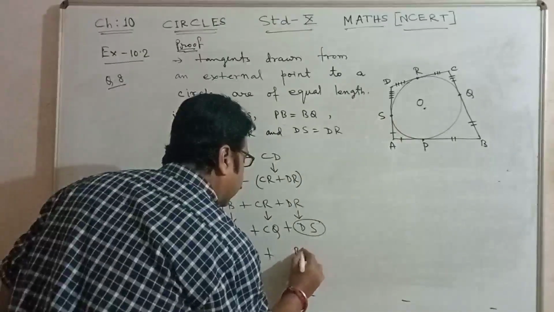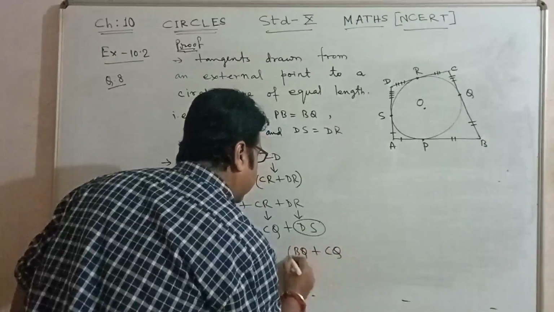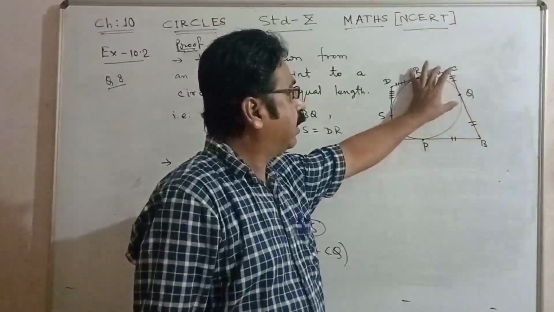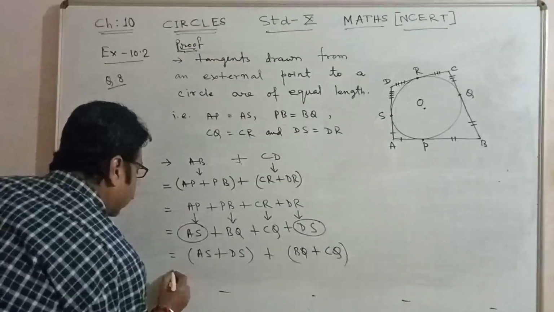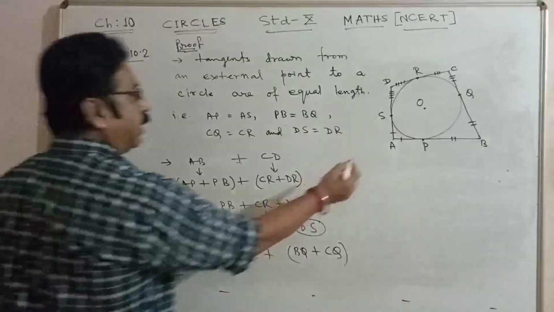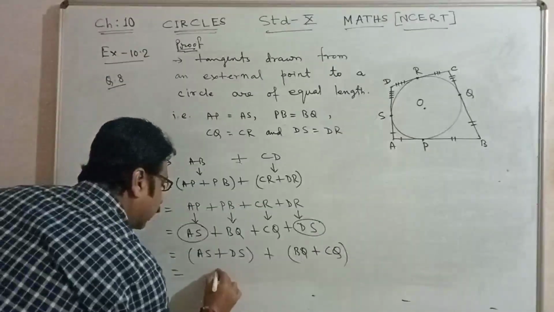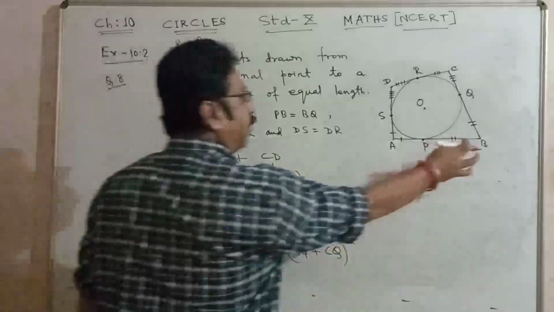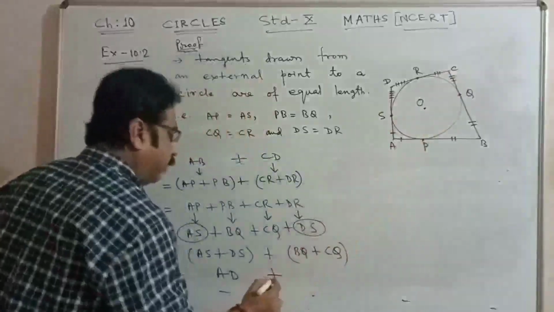BQ plus CQ, BQ plus CQ means it is BC. So AS plus DS means we can write AD, plus BQ plus CQ means we can write BC.